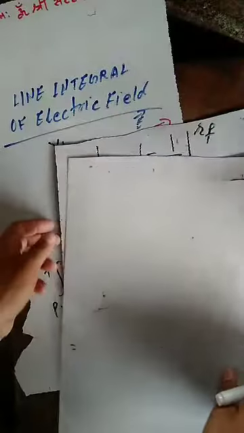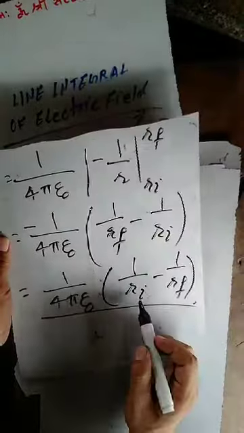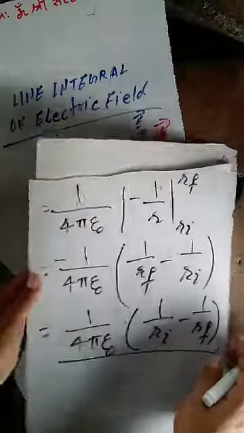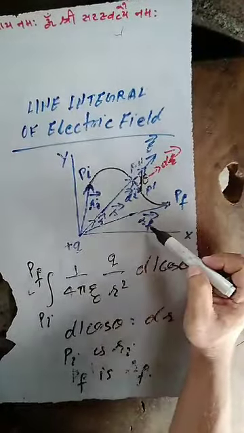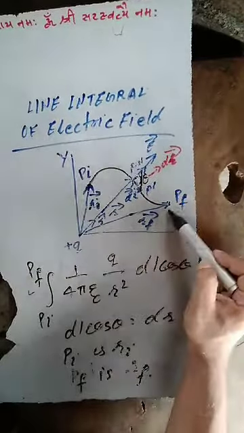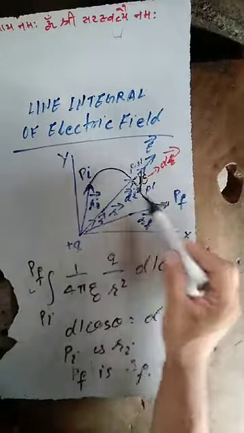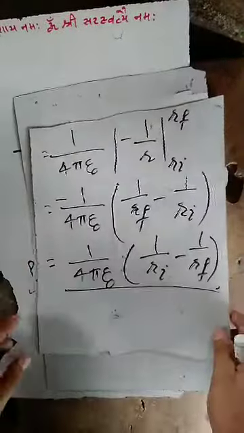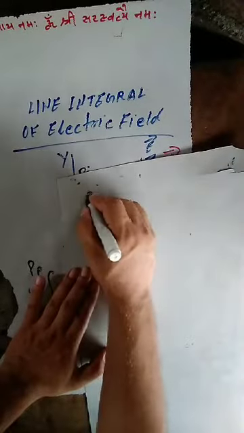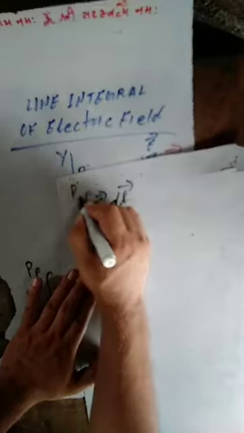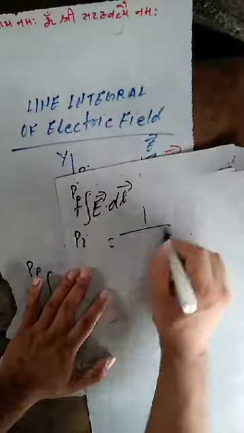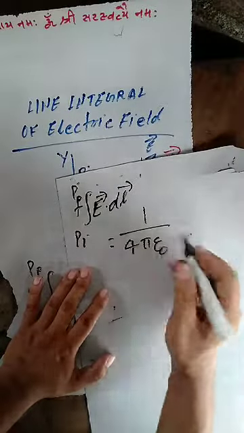You see here, we are getting Ri and Rf, that is position vectors, the initial and final positions. It doesn't depend upon the path followed. So we can write that the line integral of electric field, that is E dot dl, from initial position to final position is actually 1 by 4 pi epsilon naught.